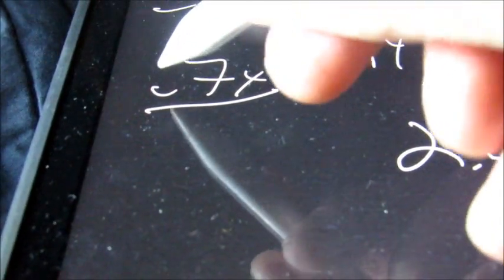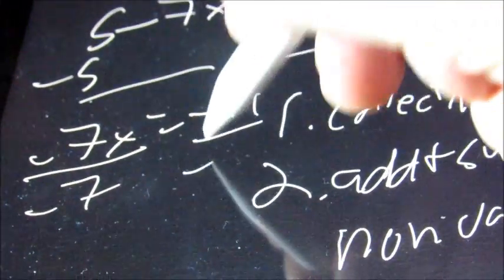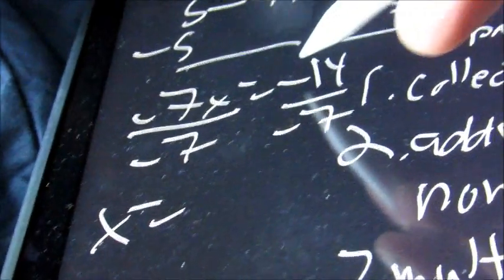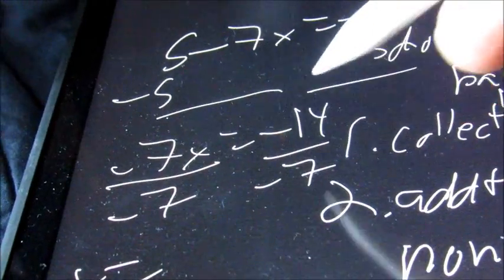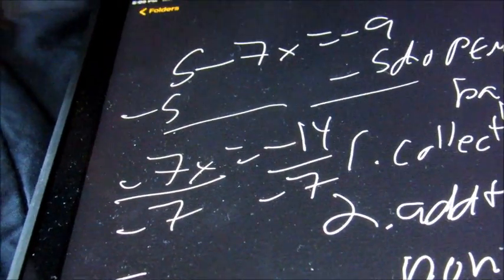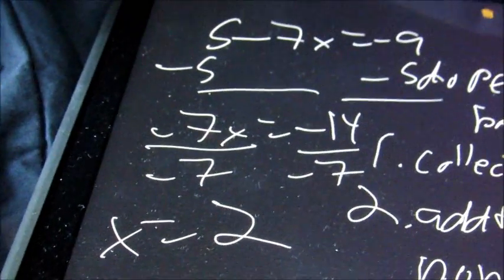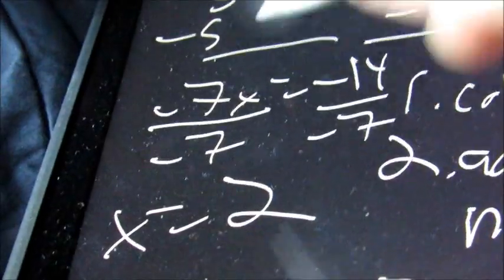Then we're going to divide by everything in front of the x, and we have a negative 7. So negative 7 divided by negative 7 is 1, and we're left with x. Negative divided by negative is positive, and 14 divided by 7 is 2. We can check that by putting the 2 in for x, so 5 minus 7 times 2 equals negative 9.